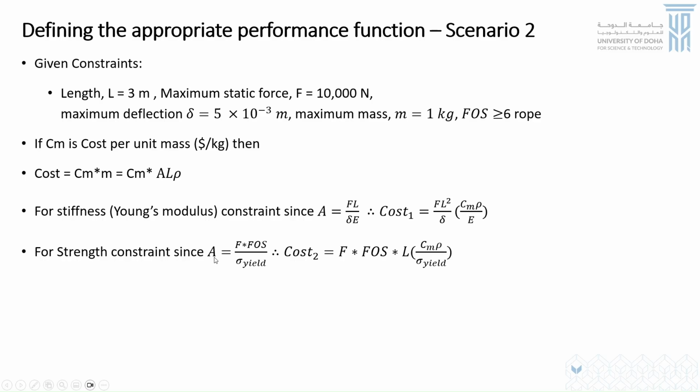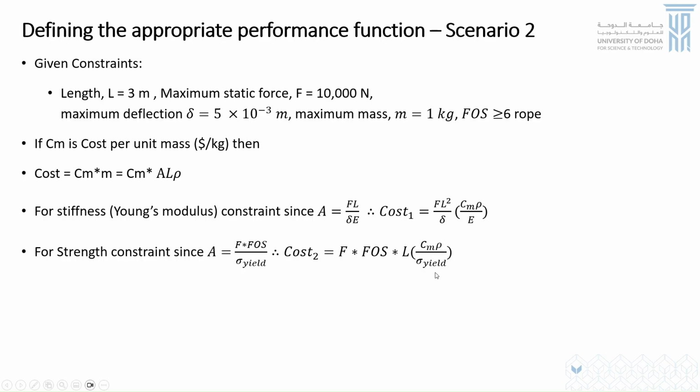Based on that relationship, we have the constraint on area as F into FOS over the yield strength. When we substitute this back into the cost equation, we get the second estimate of the cost, which is F into FOS into length into Cm, which is again the cost per unit mass, into density over sigma yield.